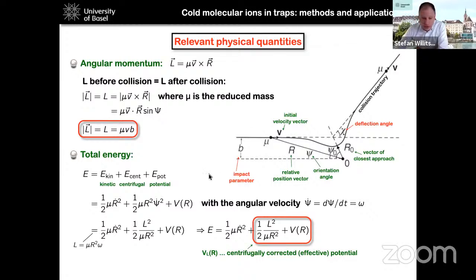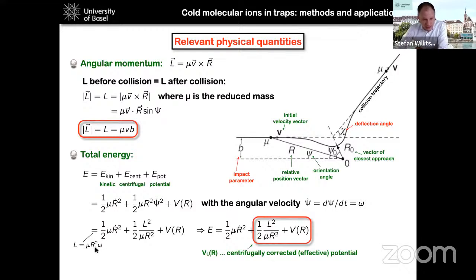Okay, so in general, with a collisional process, there is also this rotational component involved, and that is what gives rise to a centrifugal energy, right? In classical mechanics, the centrifugal energy can be expressed by this term here. So it's 1/2 mu times r squared times psi dot squared. And psi dot is the time derivative of this orientation angle. So it's the angular velocity by which this relative position vector is turned during the collision.